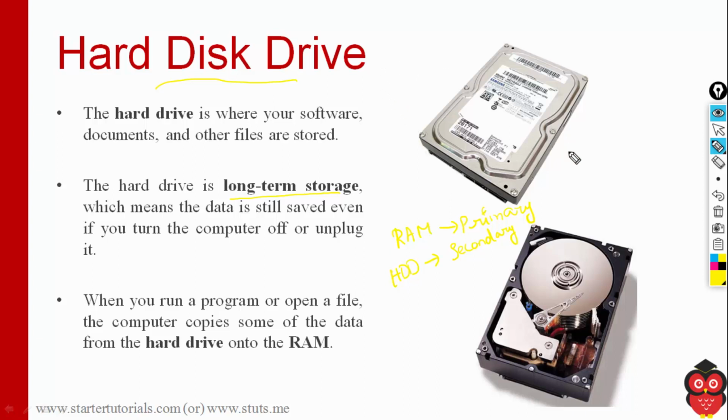If you consider a CPU in a computer and a RAM, whatever data is stored in the RAM, CPU can directly access it, whereas CPU cannot access hard disk directly. If you want something from hard disk, first of all it must be loaded to RAM and then it will be accessed by CPU. That is why RAM is called primary memory, since CPU can directly access RAM, and hard disk is called secondary memory.